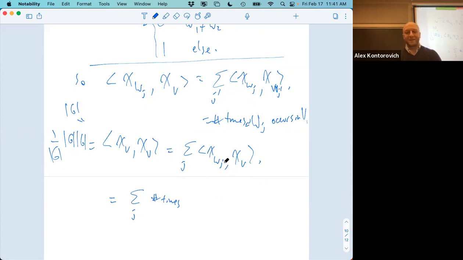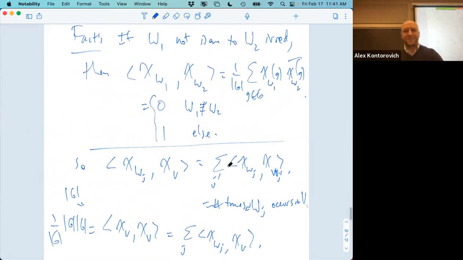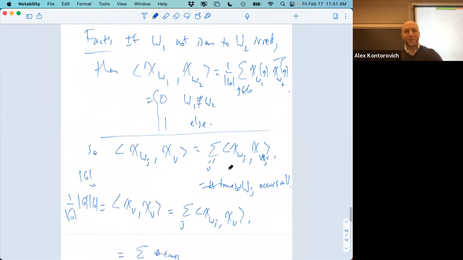I'm proving that the sum of the squares of the dimensions of the distinct irreducibles adds up to G. Darn. This is what happens when you rush.